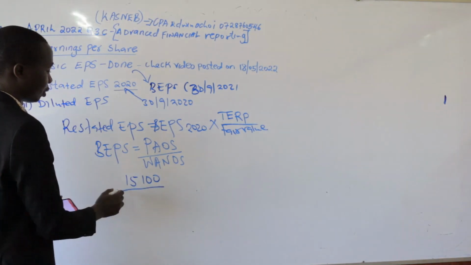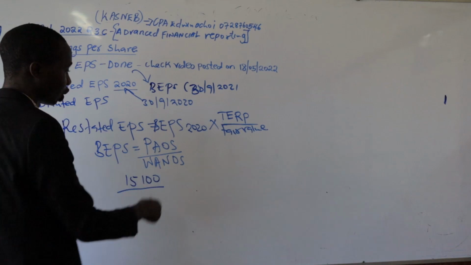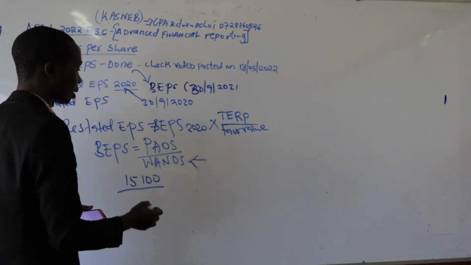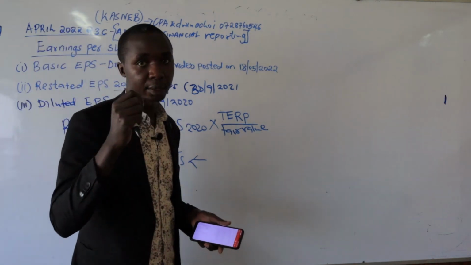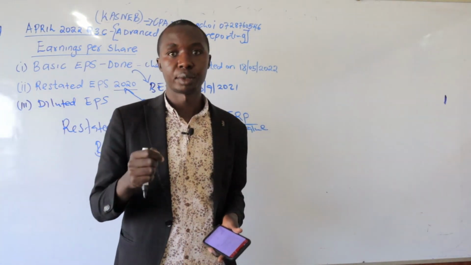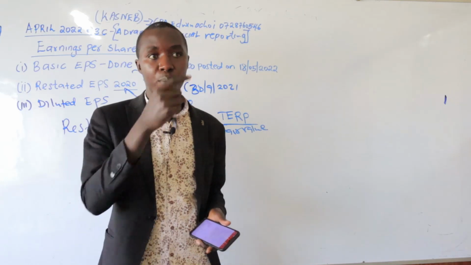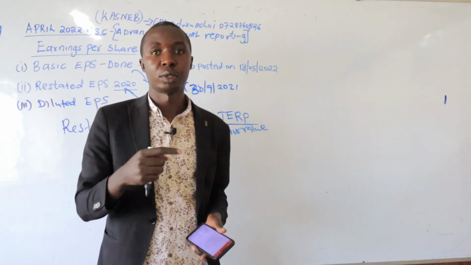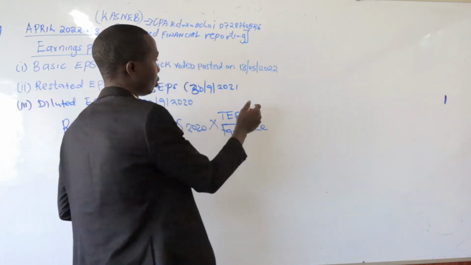So what I'm supposed to divide with is the weighted average number of ordinary shares. Remember, these are shares which are weighted as per the time factor. The shares in the year ending 30th September 2020 are the ones which will be opening the year ending 30th September 2021.